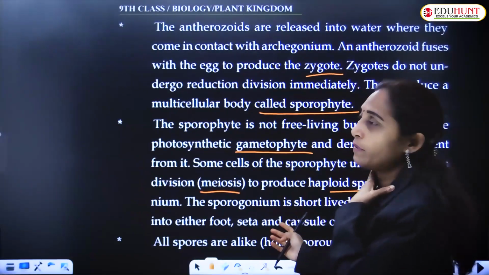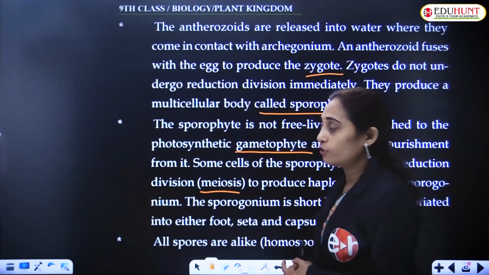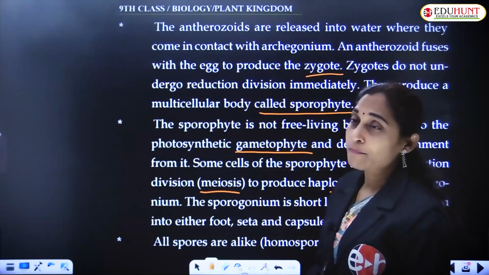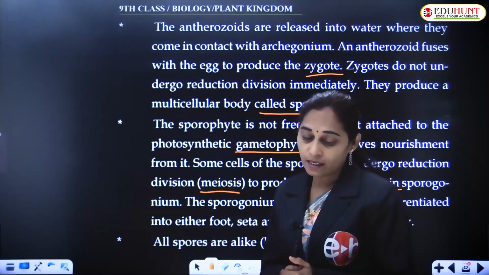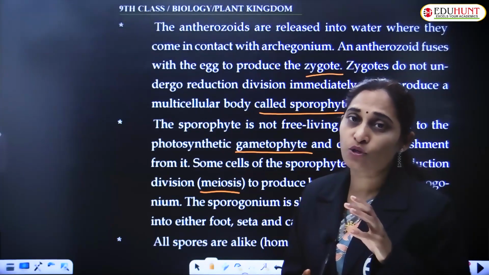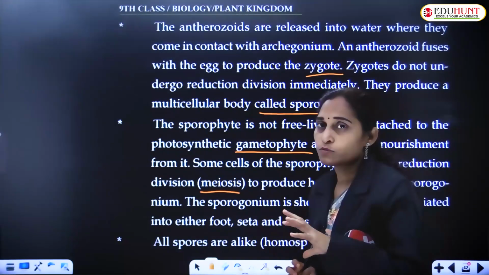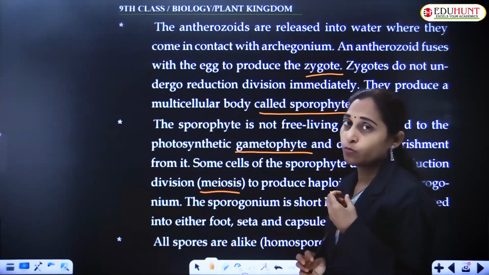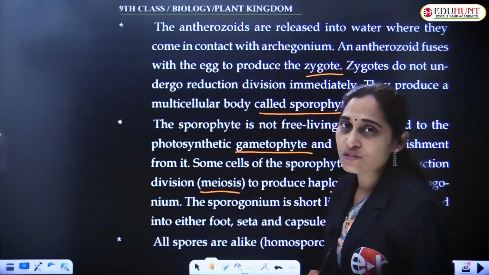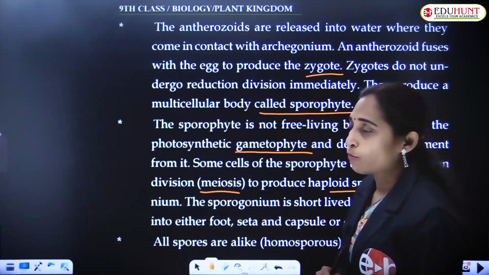The sporogonium is a short-lived one, and it is differentiated into foot, seta and capsule, or sometimes foot and seta may not be produced. But the capsule is an essential part of the sporophyte, which holds the spore sacs, or sporogonia, which have the spore mother cells that undergo meiosis and produce the spores.